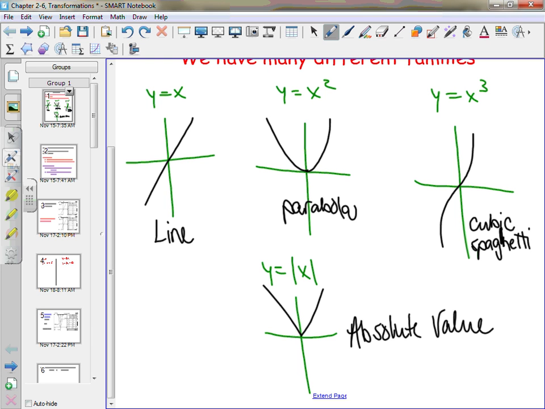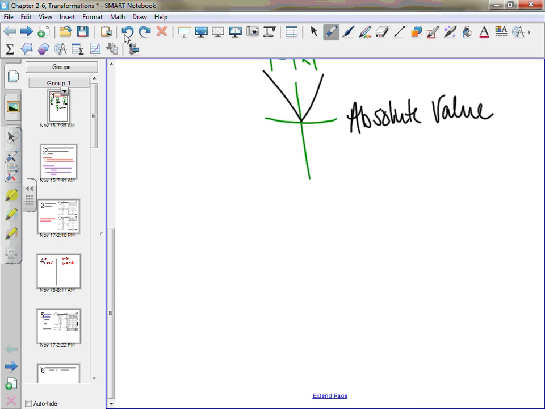Okay? And the wonderful and beautiful thing about a parent function is they all have pretty much the same type of form. The only one that's kind of weird is the line, which we've talked about so unbelievably often, which is y equals mx plus b, right? But the other three have exactly the same form. And you already know that form.